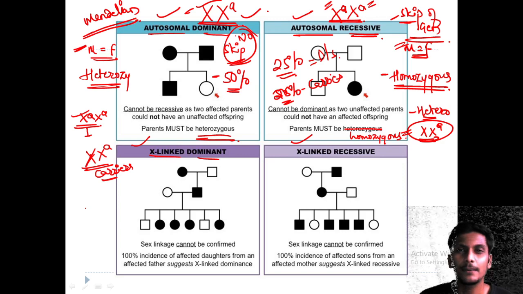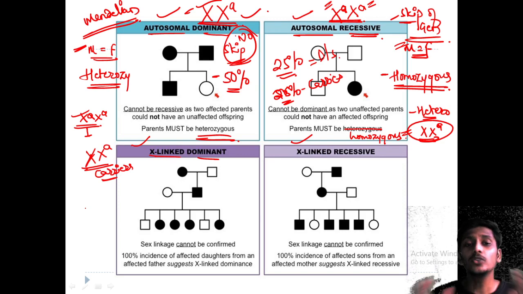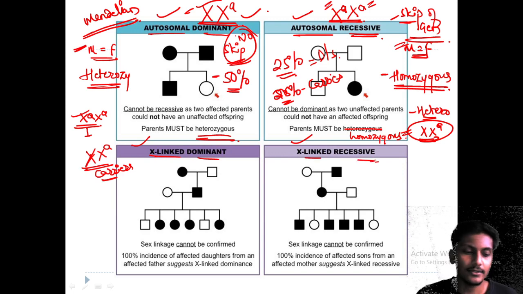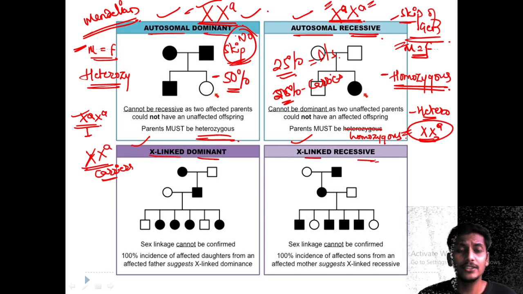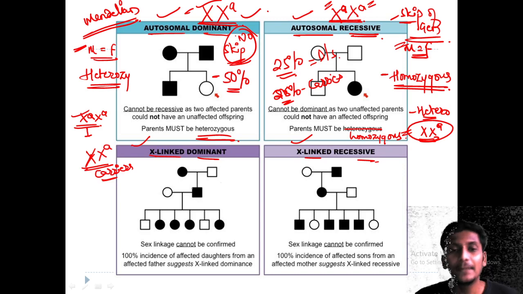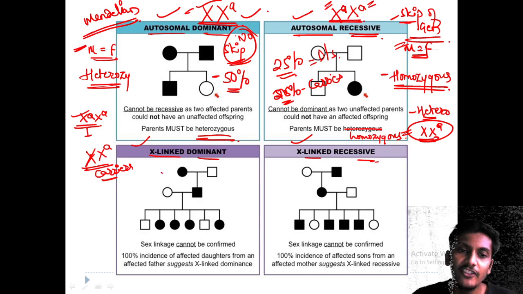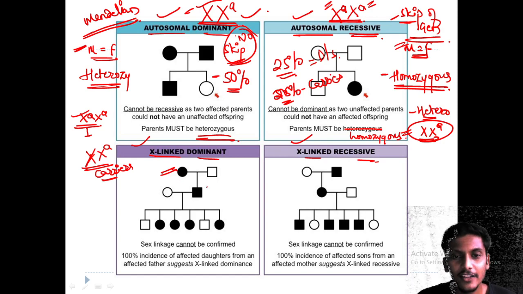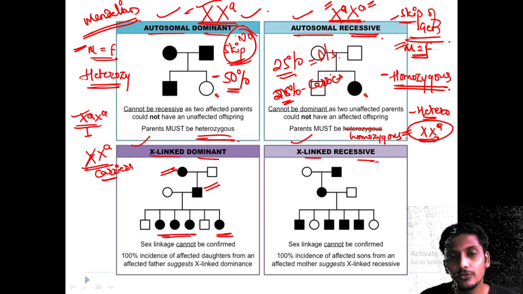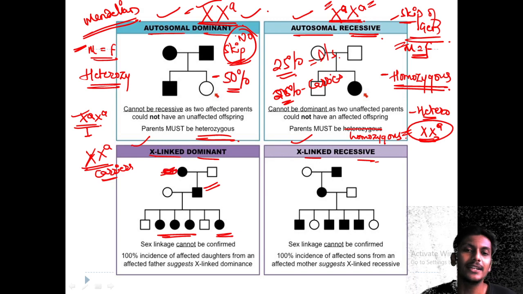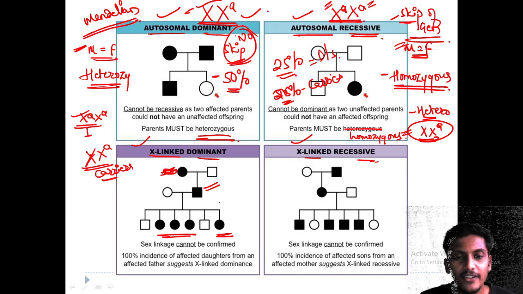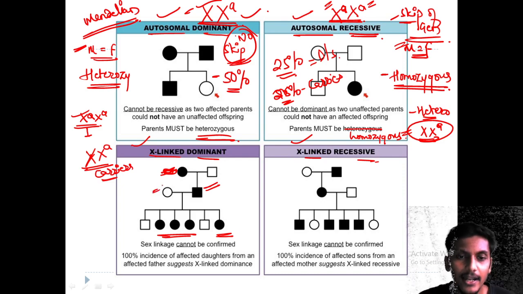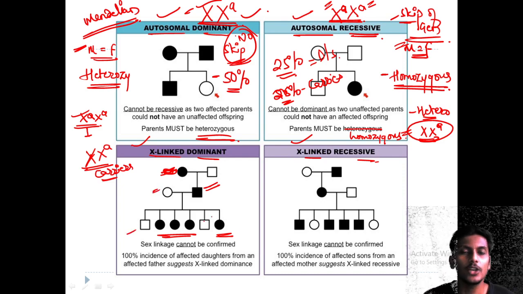This is a basic thing that you need to remember, but then you need to differentiate X-linked dominant and X-linked recessive. तो देखते हैं कैसे differentiate कर सकते हैं. Please remember guys, in X-linked dominant condition, if a father is affected, 100% of the daughters would be affected, and if a mother is affected, 100% of the sons are affected. ये उल्टा होता है.